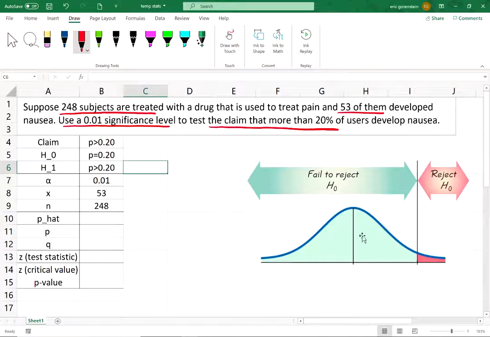And I have this visual here. This graph is not going to be given to you in the problem, but I put it into this Excel file so I could use it during this video. I didn't have to draw it myself. Okay, so it's a right tail test. Now, this red area over here, that's alpha. That area is 0.01. Which means this green area is 0.99.